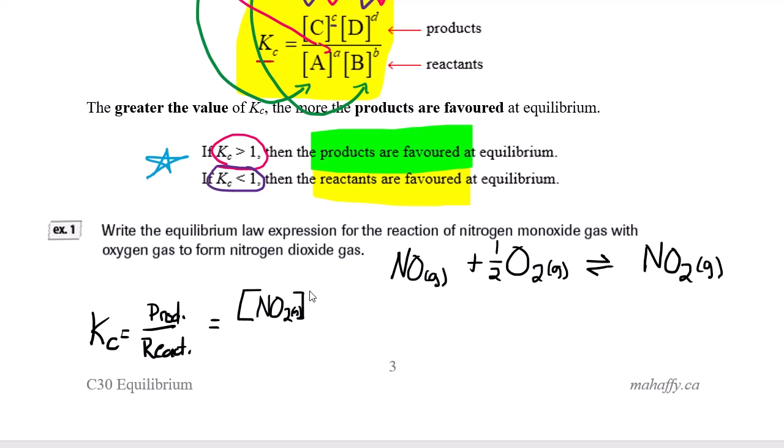Well, we don't need to write that in, because that's not going to change the value. Then my reactants go on the bottom. So it would be the concentration of my nitrogen monoxide gas multiplied by my concentration of oxygen gas, and the oxygen gas will be taken to the 1/2 power. These are multiplied by each other. So this is my equilibrium law expression, my Kc.